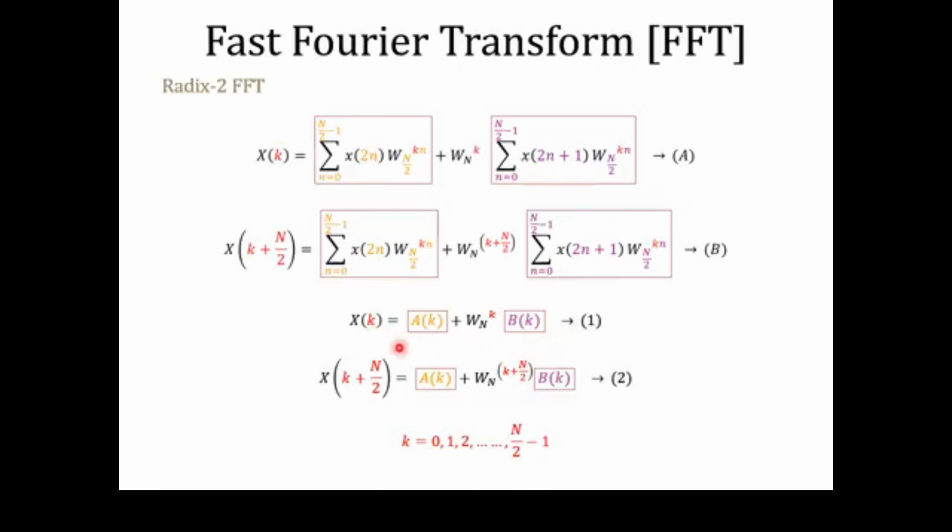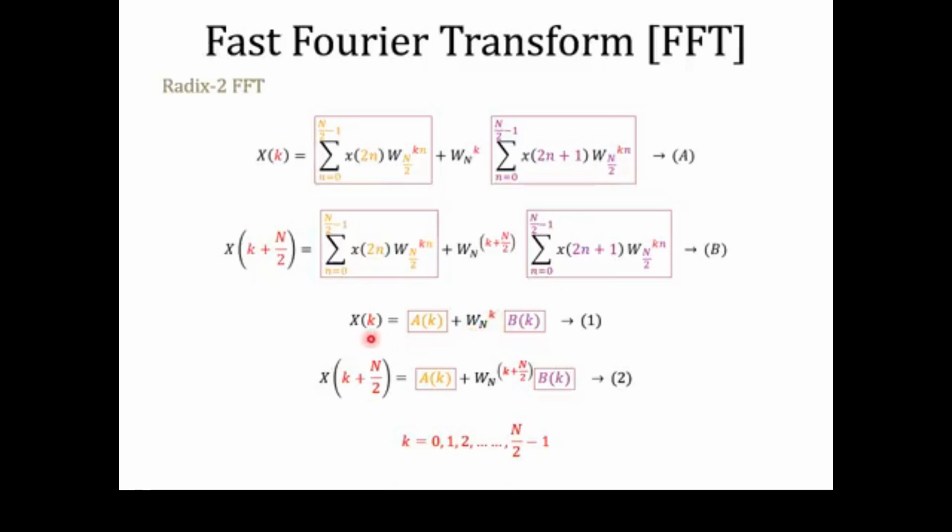Equation 1 will provide the contribution of capital X of 0, 1, 2, 3 by combining 4-point DFT outputs. The first 4-point DFT output is A of k and the second 4-point DFT output is B of k. So we will need to add A of 0 with B of 0, but before addition we have to multiply the B of 0 sample with the W8 0 factor.